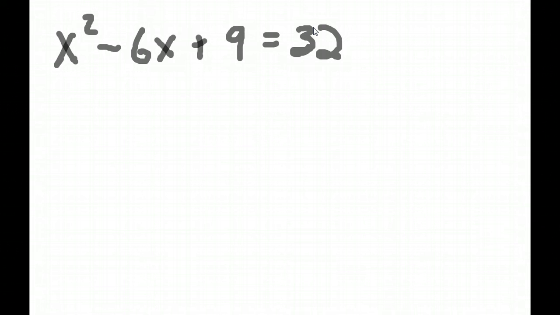And what do we notice about that one? That's similar to example 1. We know 32 is not a perfect square, but what happens with this x squared minus 6x plus 9 when we factor it? Can we make that into a square? Yeah. Okay, Anastasia, tell me how we do.